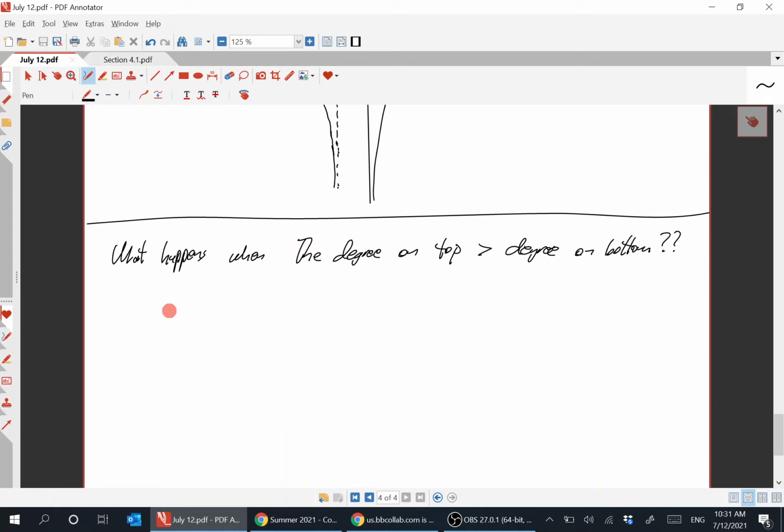So when you have a rational function, p of x over d of x, where the degree on top exceeds the degree on the bottom, then you do long division. So perform the long division.